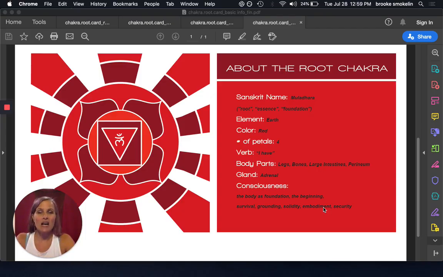Grounding is an aspect of consciousness that we are exploring at the root chakra, that sense of grounding our energy in a physical form, in a gross physical form.